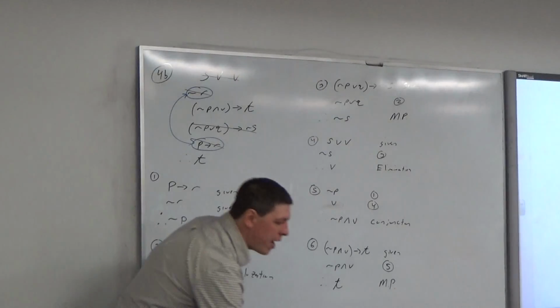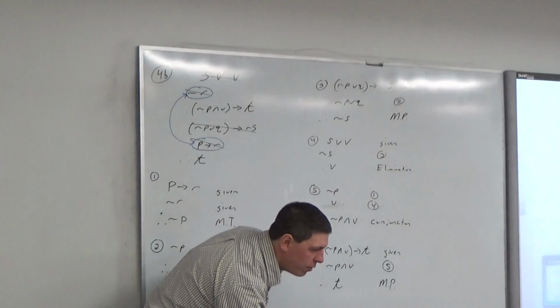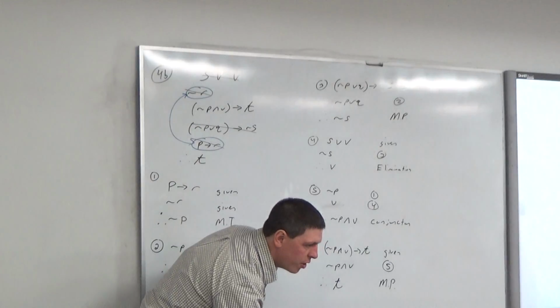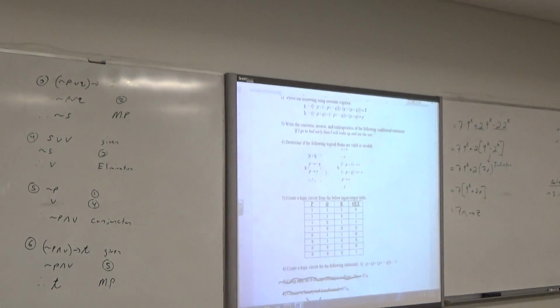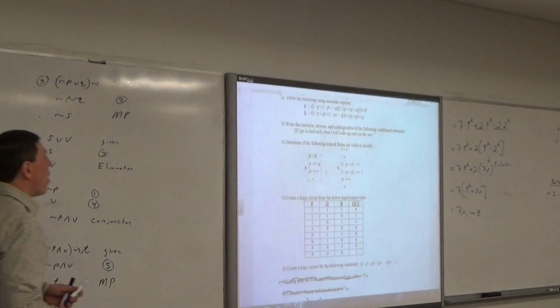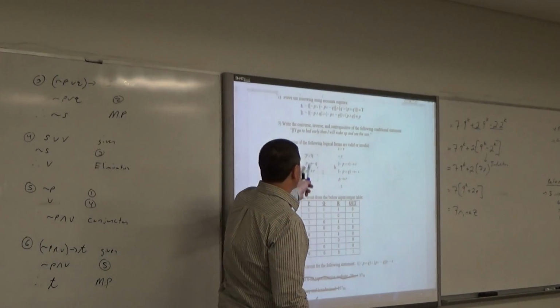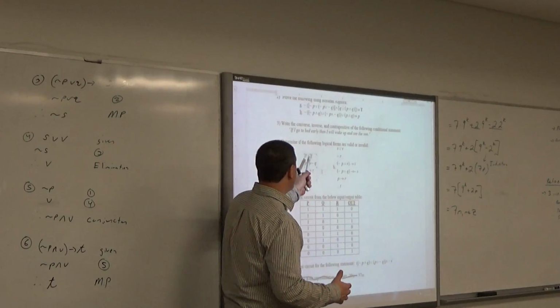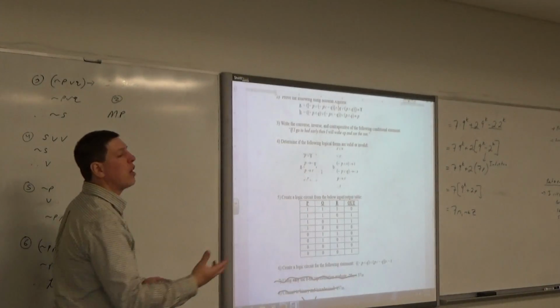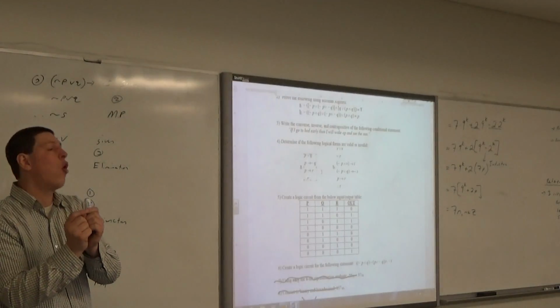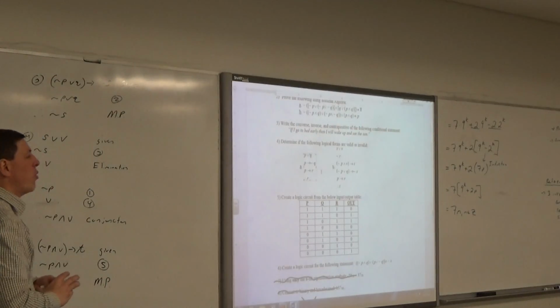If it's something like the one that Mr. Andrews requested that I do, like this guy right here has 3 variables in it, just truth table it. Because quite honestly, you might not be able to use the rules of inference to be able to prove this because there's nothing simple to start with, okay? So that might be another way to think about it. If you can't start with like a single argument, you might have to use the table.